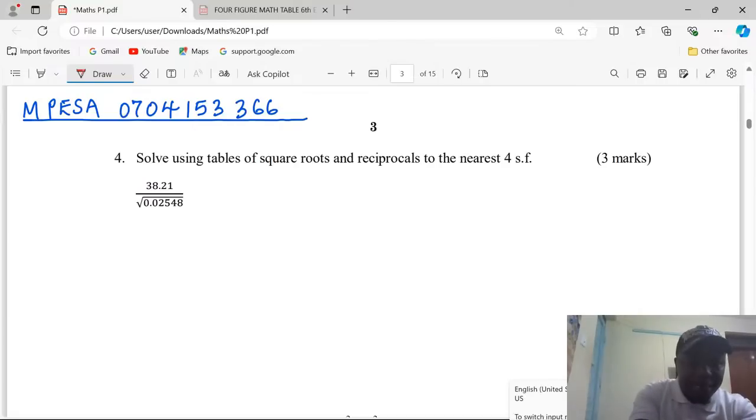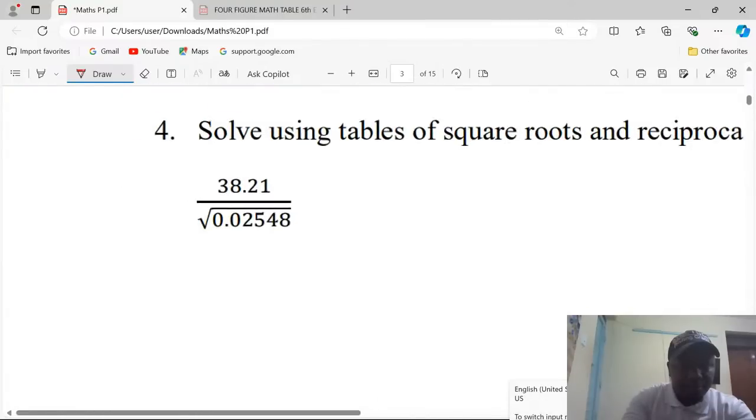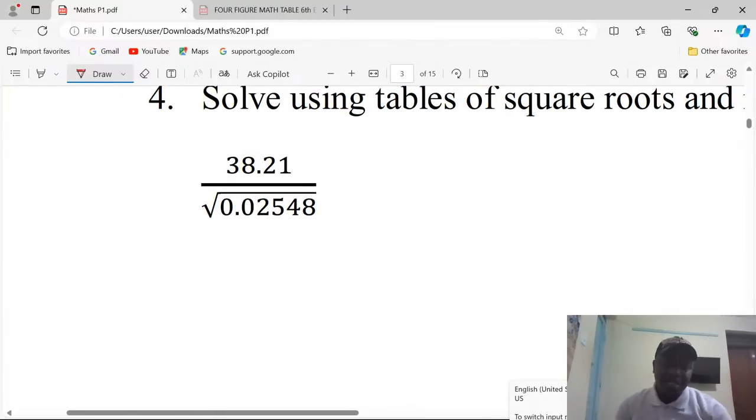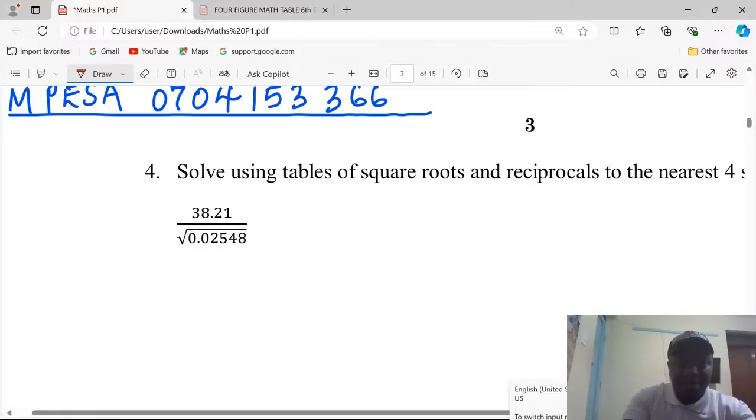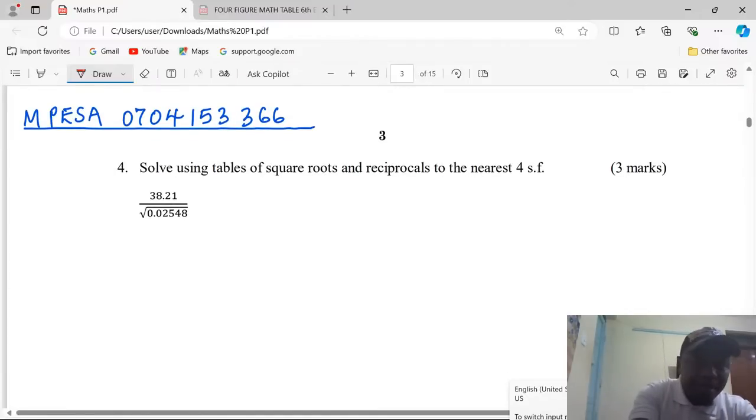You can see the number here, 0.02548. In standard form, it shall become 2.548 × 10 to the power of -2.